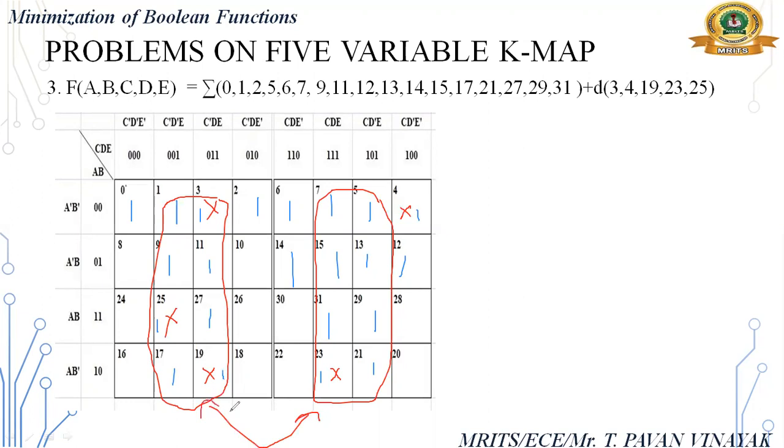So a group of 16 ones is available. We can combinedly call it a group of 16 ones, red color.